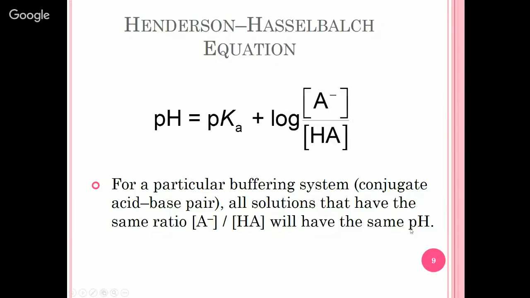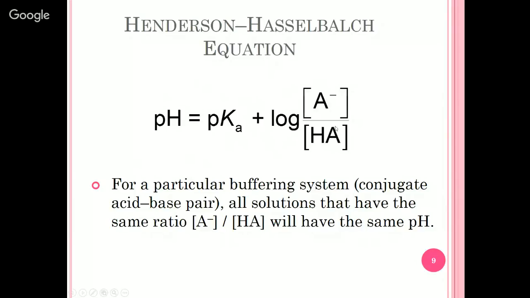Regardless of the concentrations that we start with, if we're looking at acetic acid and we start with a 1 to 2 ratio, no matter what the concentrations are, 1 to 2 is going to give you the same pH because we're looking at the same acid using the same Ka. So 2 molar to 4 molar, 1 molar to 2 molar, 3 molar to 6 molar will give you the same pH because the ratio is the same.